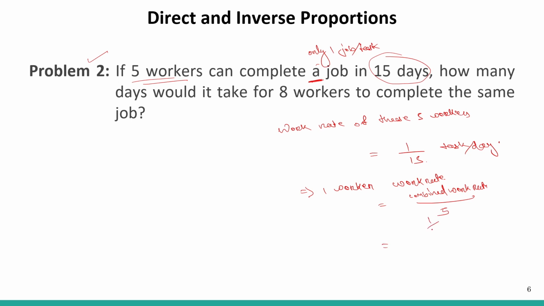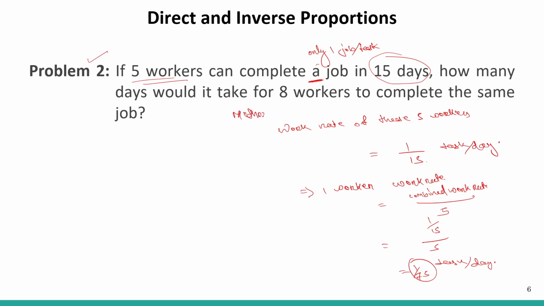So this will be 1 by 15 by 5, which is equal to 1 by 75. One worker completes 1 by 75 of the task per day. There are 8 workers working together.